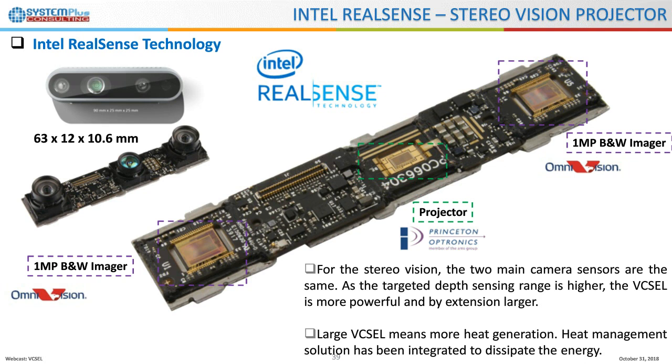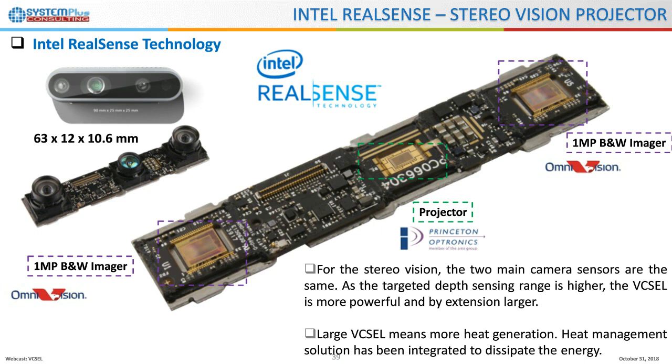So it's a depth camera which is using stereo vision in this case. As you can see on this product, they are proposing a module with two CMOS image sensors provided by OmniVision, and a projector which is a VCSEL provided also by Princeton Optronics.